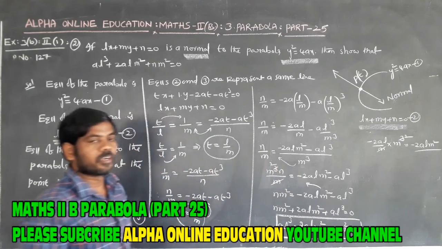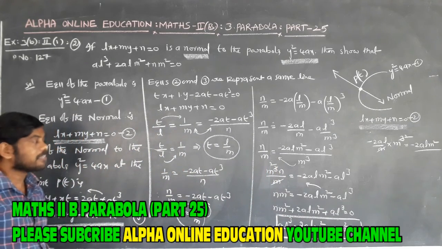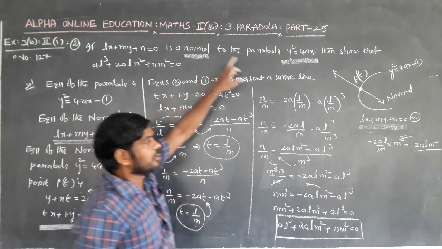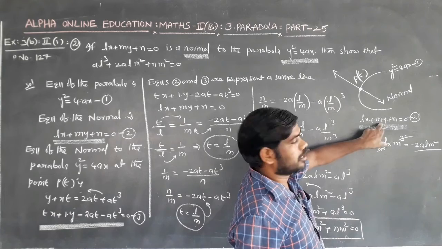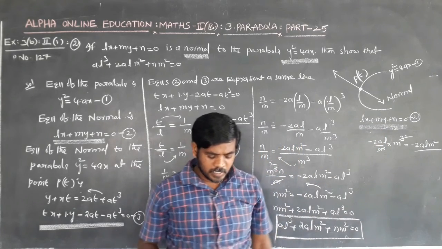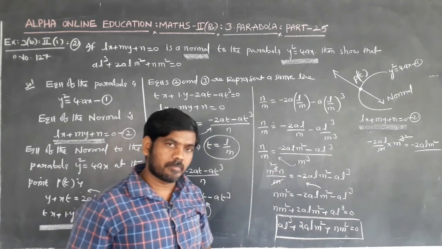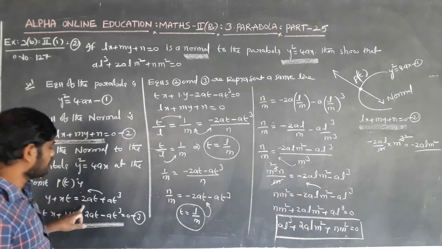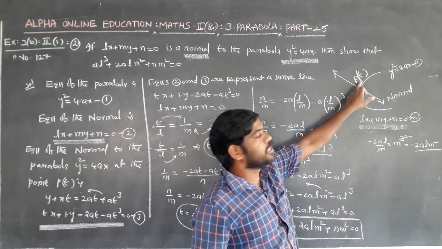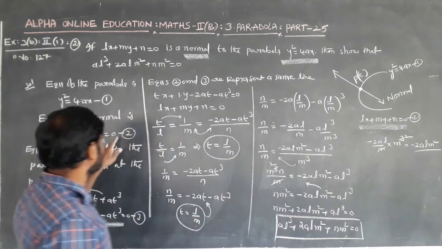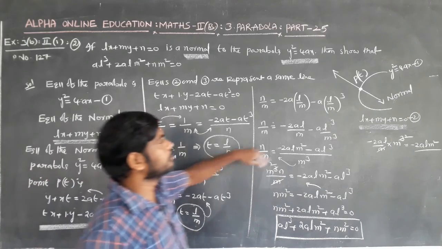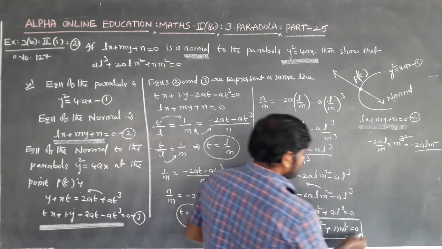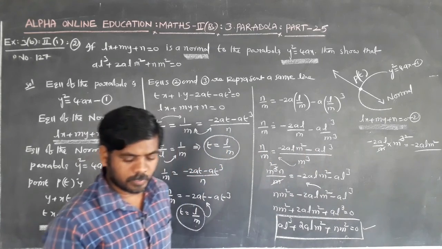This is the condition that lx + my + n = 0 is a normal to the parabola. Here, given the equation of the normal, find the equation of the normal at the point P(t), compare equations 2 and 3, and eliminate t. This is the answer. Most important problem.